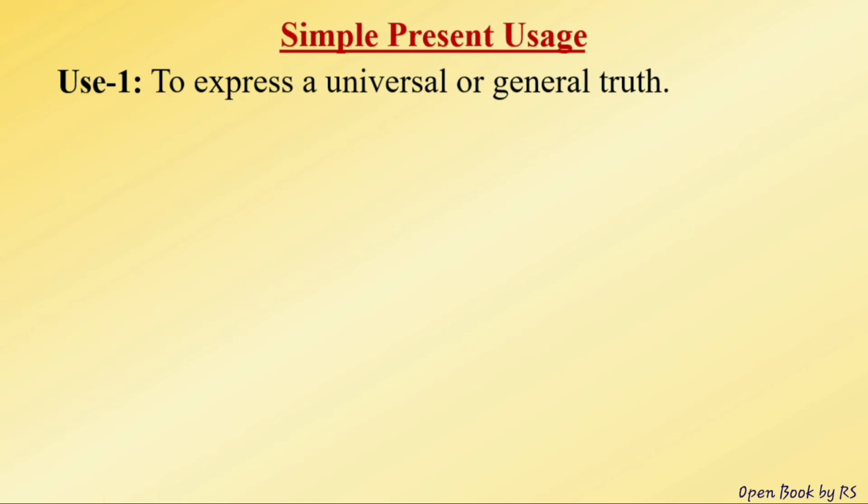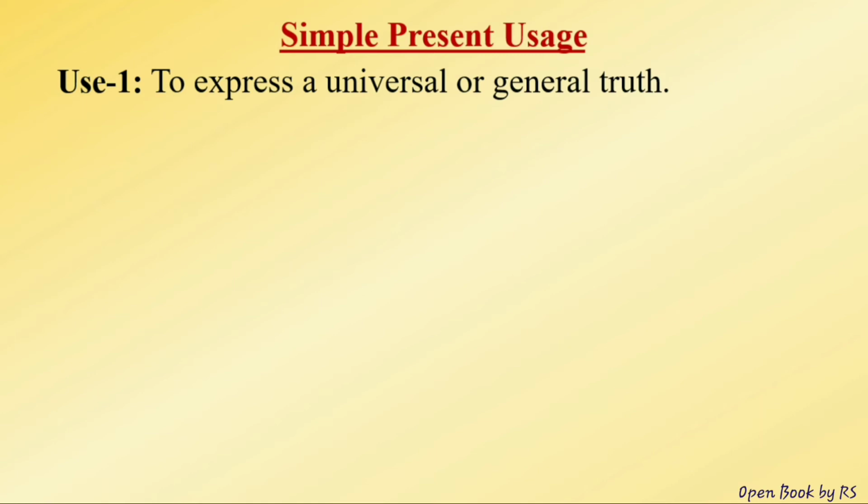For that, we should learn their usages. There are many usages for this simple present. Only if you learn the proper usages can you use this structure. So along with the structure, you should learn the usage properly. You should combine both the structure and usage simultaneously.